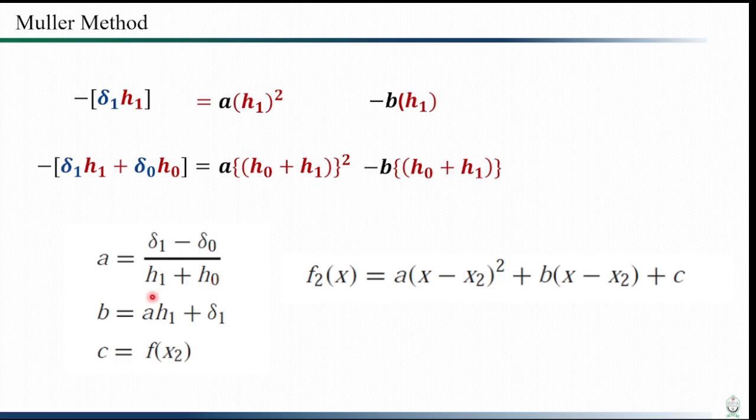Here, these quantities are known to us. So, since these are known to us, we can easily calculate the values of A, B, and C and plug them into here. That will be the equation of the parabola.